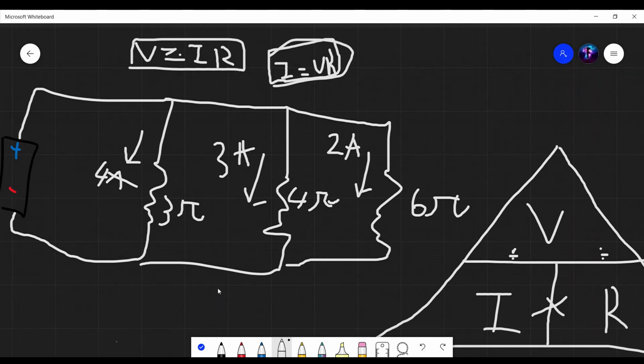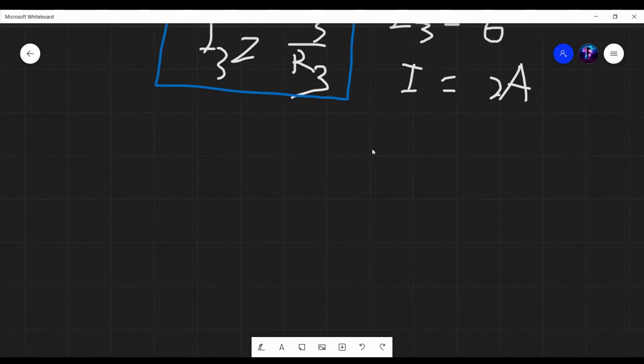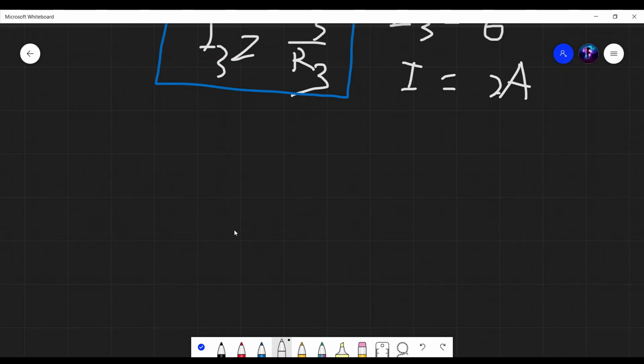To find it, let me go down. You would use this formula called IT, which is the total, would equal I1 plus I2 plus I3.